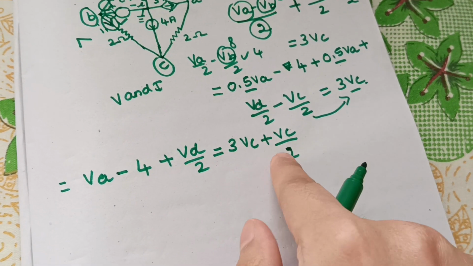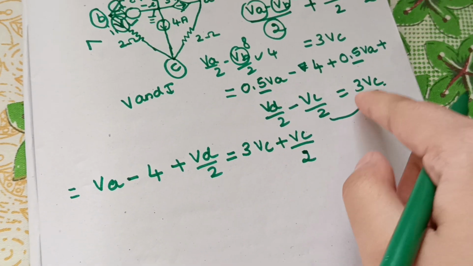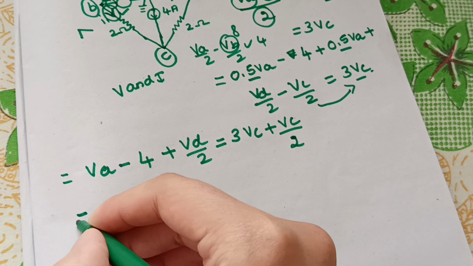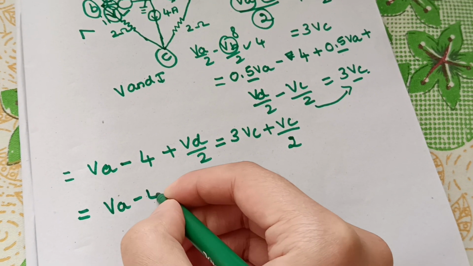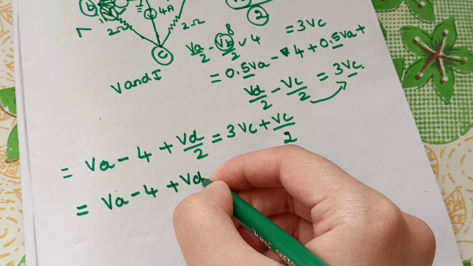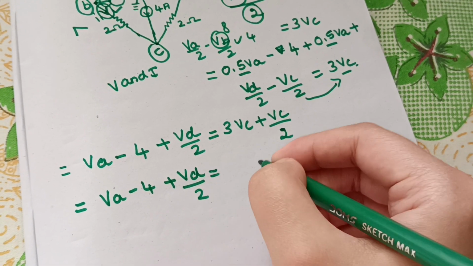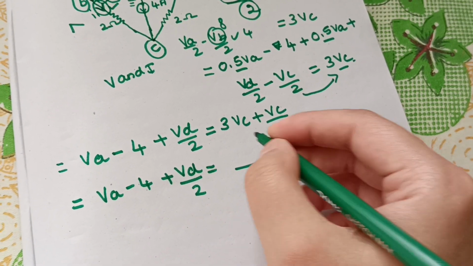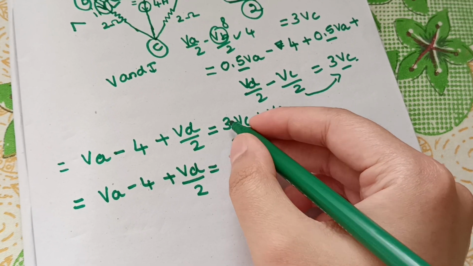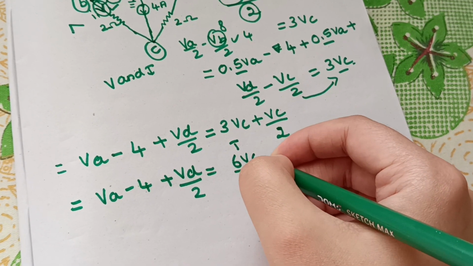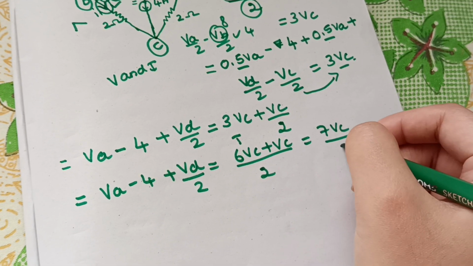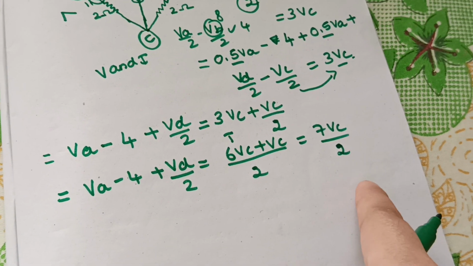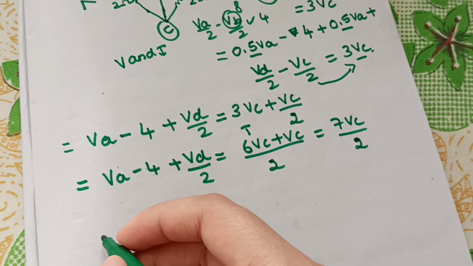Fine. So you're going to get the resultant as Va minus 4 plus Vd by 2, which is equal to, so this is 2, 2 3s are 6 Vc plus Vc, which is equal to 7 Vc by 2. Fine. You got it as 7 Vc by 2.